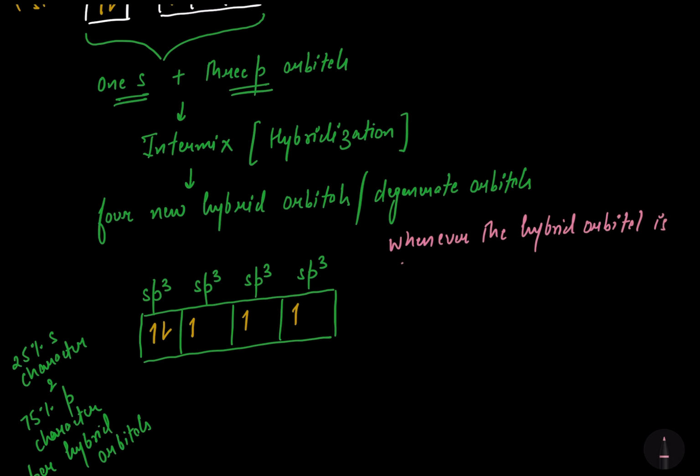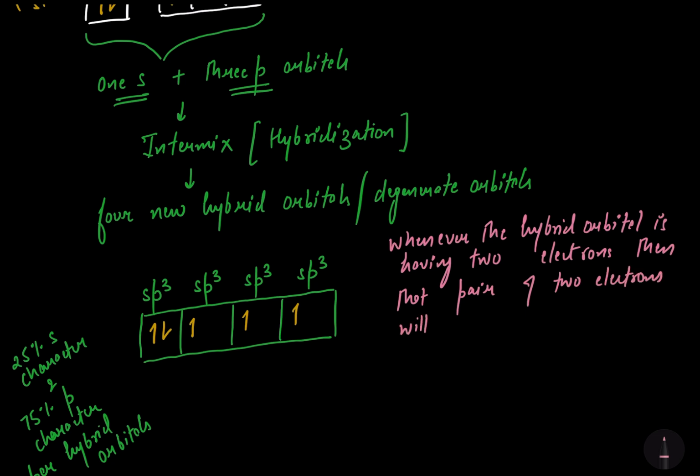Whenever the hybrid orbital is having 2 electrons, then that pair of 2 electrons will be regarded as lone pair of electrons.